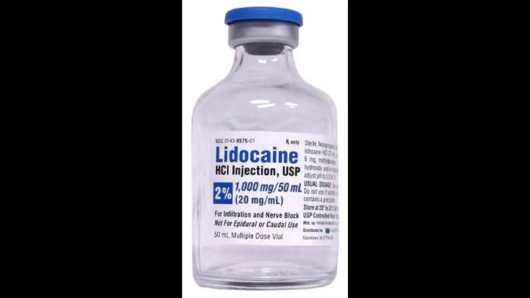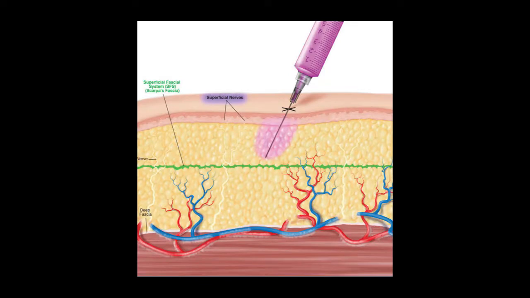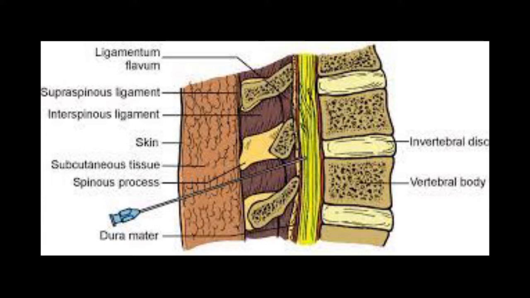So mount the epidural syringe onto the epidural needle with about 5 milliliters of air or saline drawn into the syringe. Now you are trying to elicit the sign of loss of resistance, and you are going through different layers of tissues under the skin.